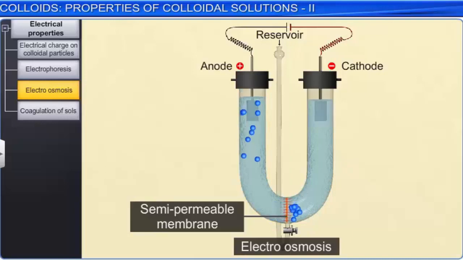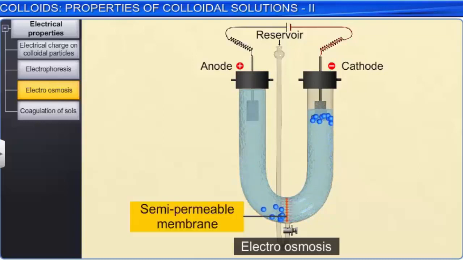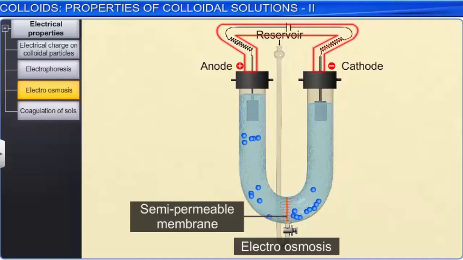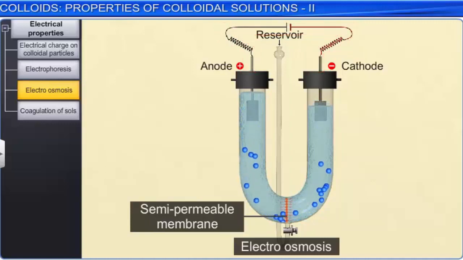Let's define it. Electroosmosis is the movement of a dispersion medium under the influence of an electrical field when the movement of colloidal particles is prevented by a suitable membrane. Under the influence of an electrical field, the colloidal particles and the dispersion medium both have a tendency to move towards the oppositely charged electrodes.